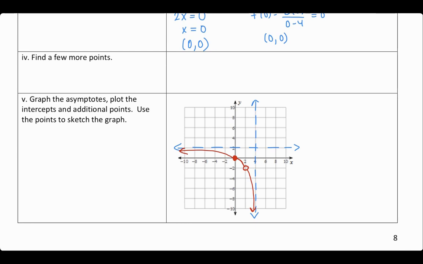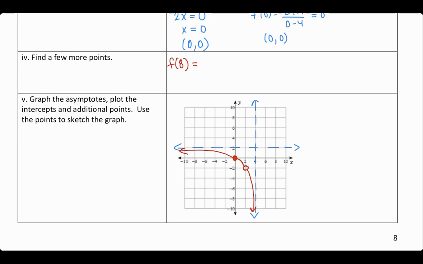Okay, but I don't know what happens after x equals 4. So what I'm going to do is just choose some point in this section that we don't know, and plug it in for x. What number should we plug in for x? 8. So let's say, what is f of 8?